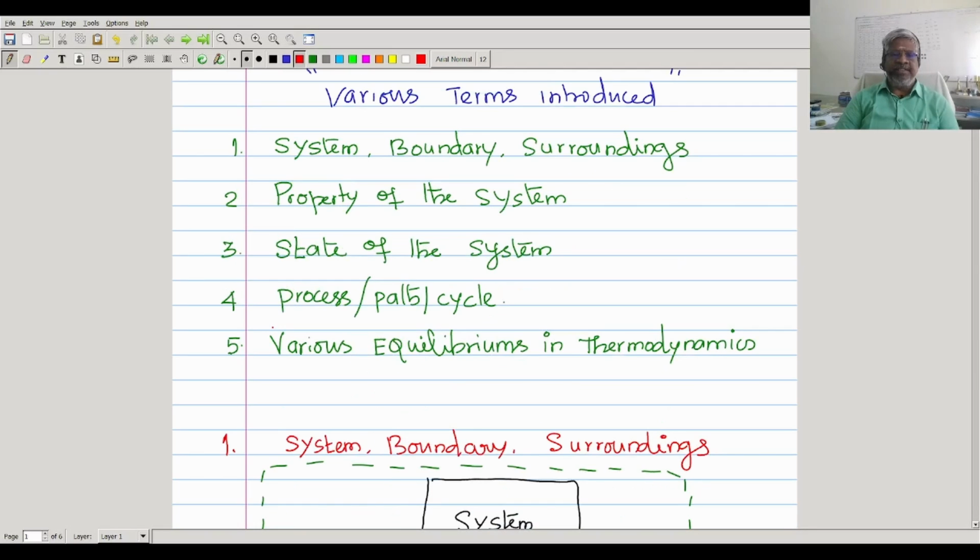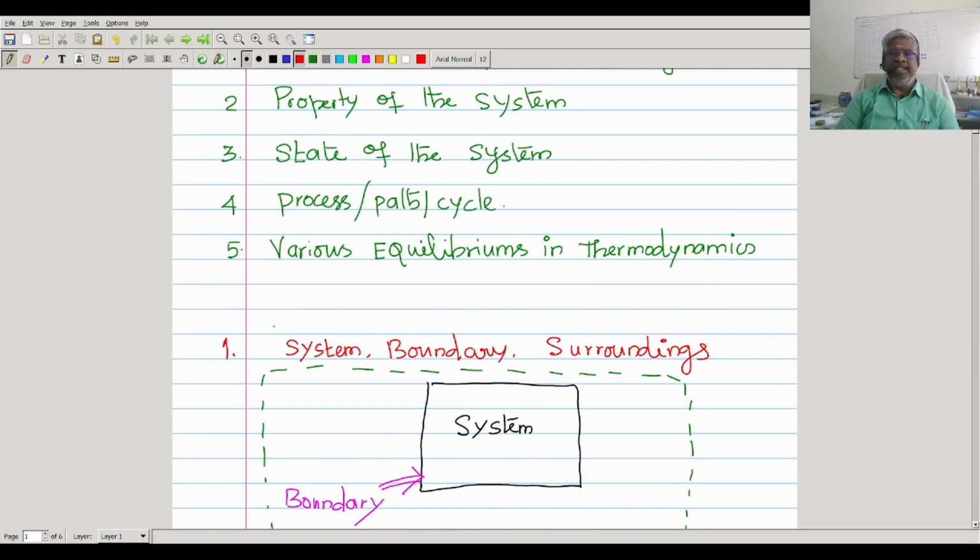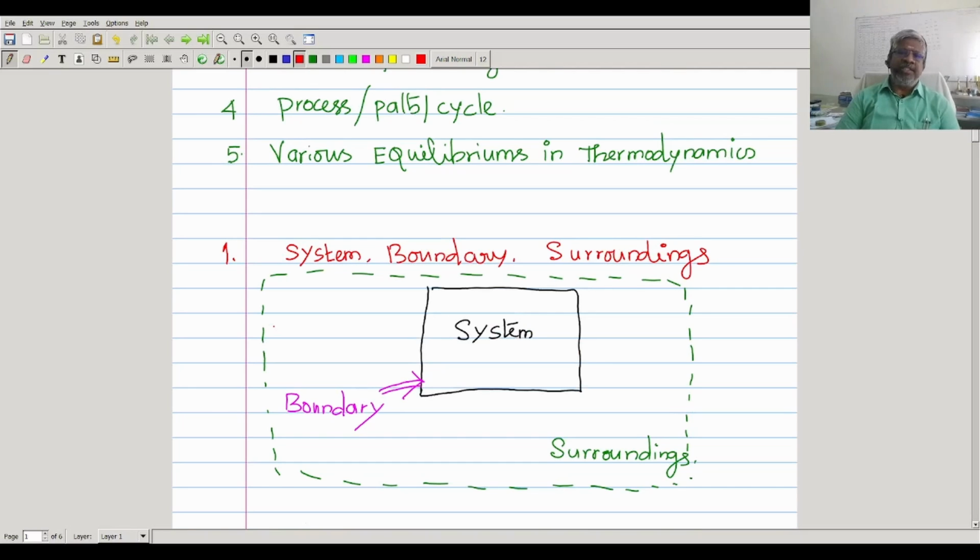The first one is system, boundary, and surroundings. Most engineers think that the definition of the system is very trivial. It's not trivial. It is not at all trivial. We have to clearly identify the system because the identification of the system may differ from one engineer to another.